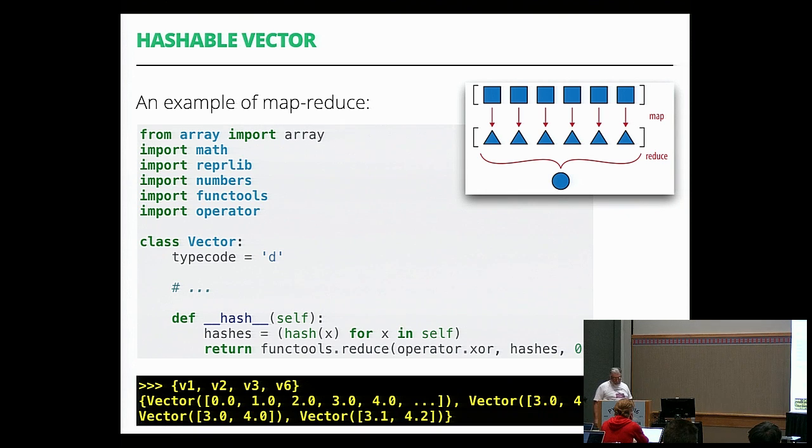And this is how I did it. So what I do is, again, with a generator expression, I compute the hash of each component of self. So now I have this generator that will yield all those hashes. And then to apply the XOR to all of them, I use the functools reduce function.